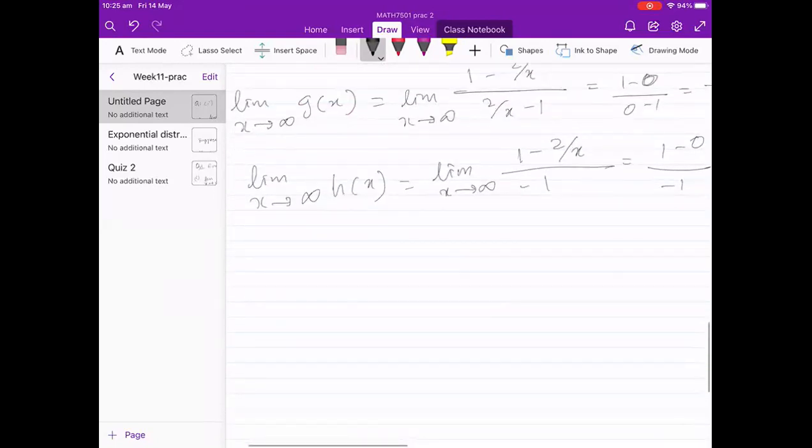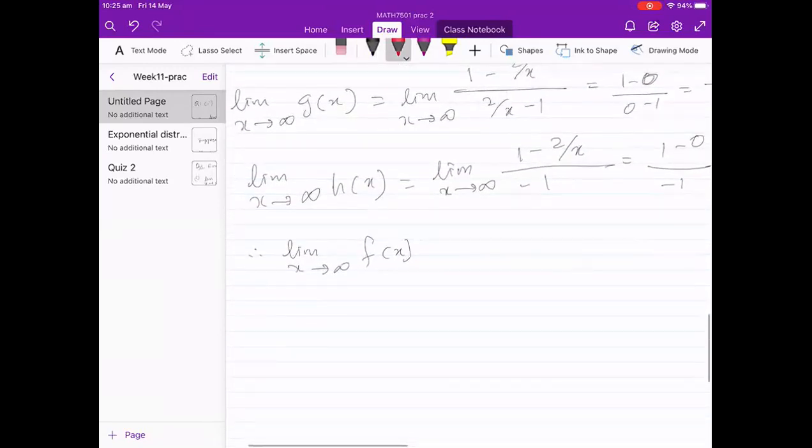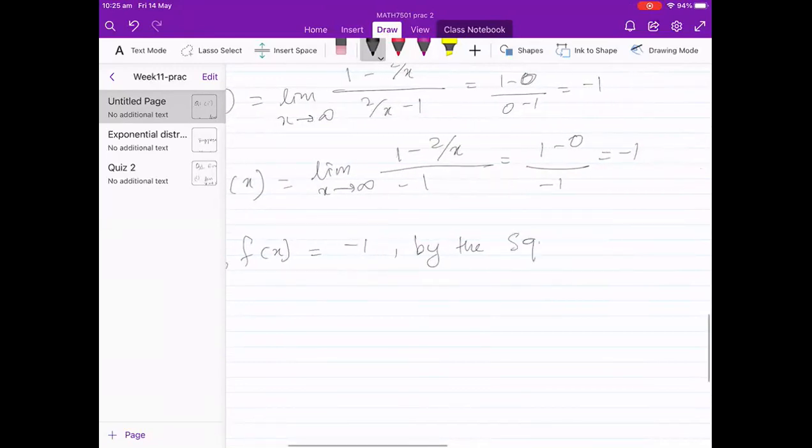That means therefore the limit as x tends to infinity of your f(x), call this f(x), is equal to -1 by the squeeze theorem.